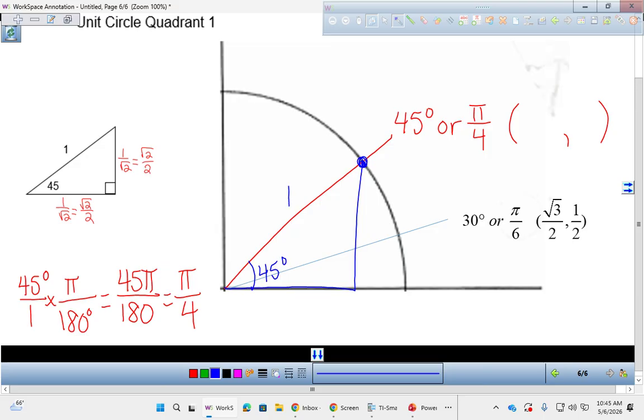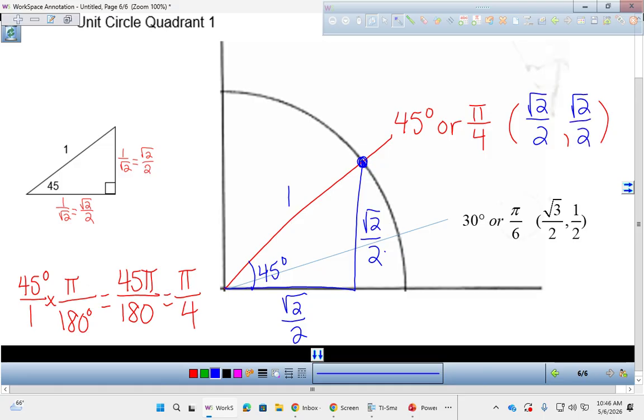The radius is 1. So now this is a 45, 45, 90 special right triangle. We solved for those side lengths. So the x value was root 2 over 2, and the y value was root 2 over 2. So we go over root 2 over 2 and up root 2 over 2.